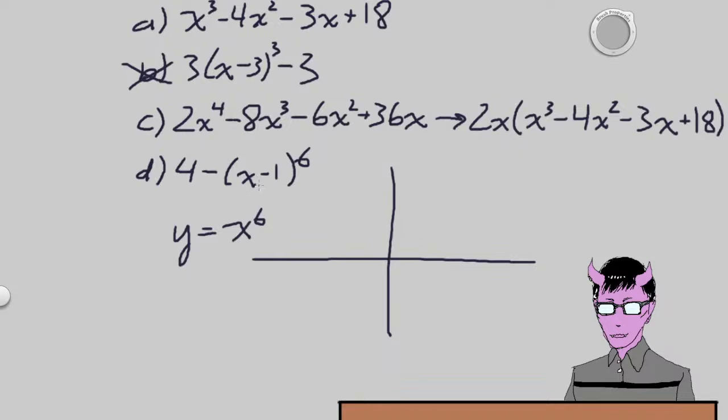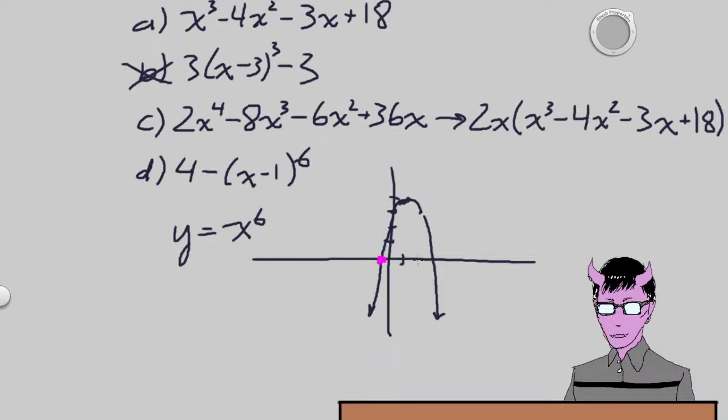So what that means is, again, we're going to plant the vertex at +1, +4. So right there, it's going downwards. It has a standard 1 to -1 movement. Just bevel the bottom, so it's something like this. So the graph of D is right here, as you can see from the visuals.